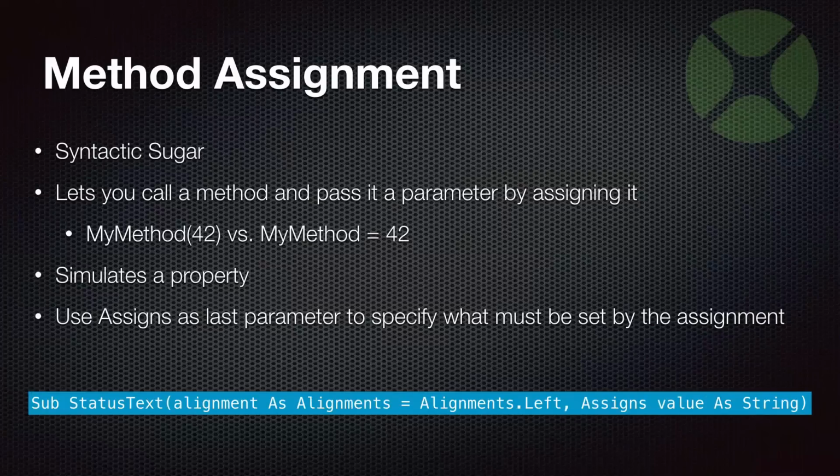So here you can see a method here. And the last parameter has assigns value as string. And the first parameter is just an enumeration for alignments. And you would pass in the alignment in parentheses as a regular parameter, and then you use equal to assign the string value, and that gets passed along as the second parameter.